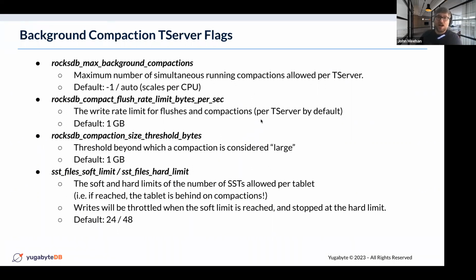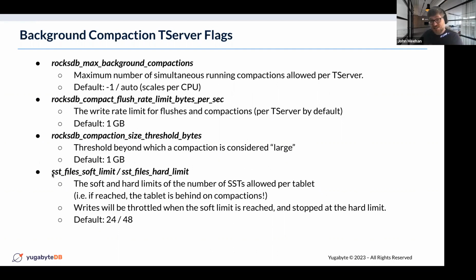So this is monitored on the TServer basis by default, and by default you get 1 GB of rate limit per second. You can also control what is considered a large compaction using this size threshold bytes flag. That is a 1 GB threshold by default.